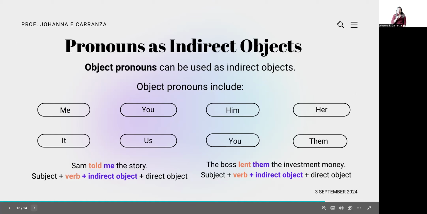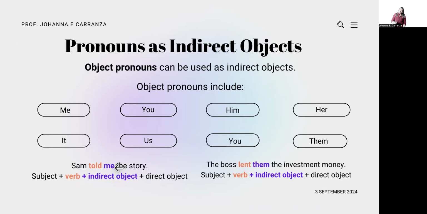For example, Sam told me the story. The subject will be Sam, which is a noun, right? Then comes the verb, which is told. The indirect object is me, which we know is an object pronoun.